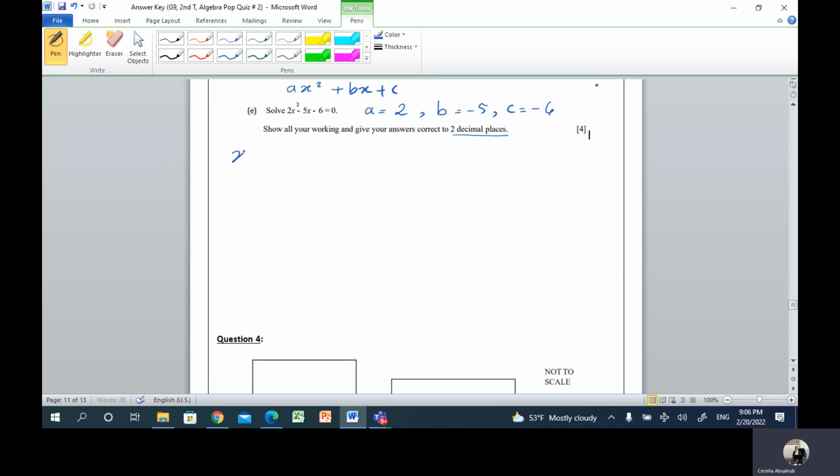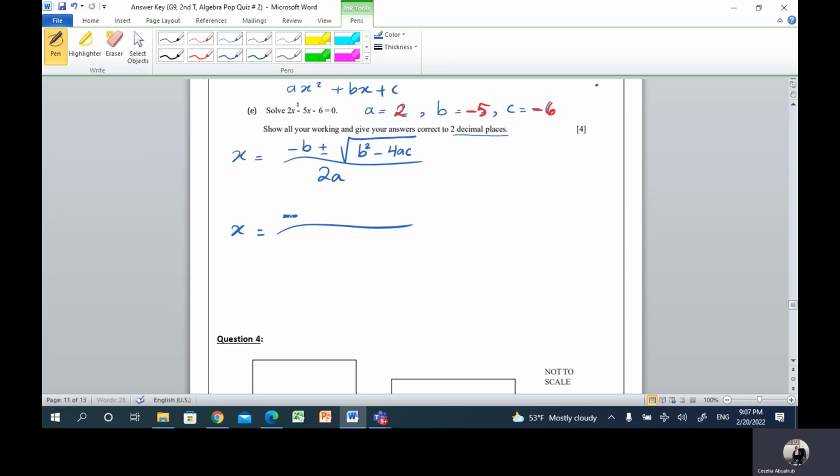And then the formula states that x is equal to fraction line minus b plus minus square root of b squared minus 4ac over 2a. Now we need to substitute. So x is equal to fraction line. I'm going to put these in a different color so that you distinguish between what's in the formula and what's the substitution.